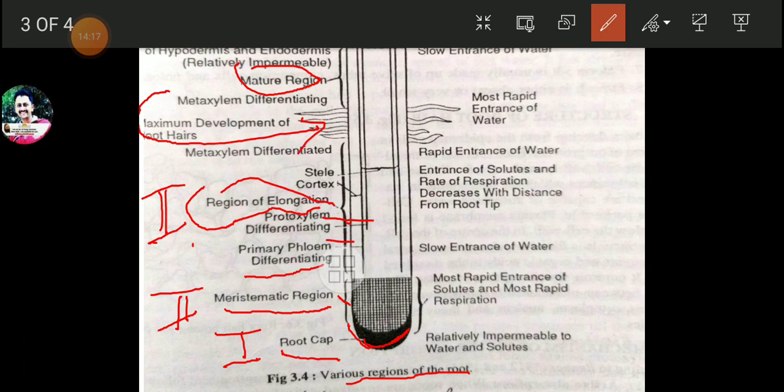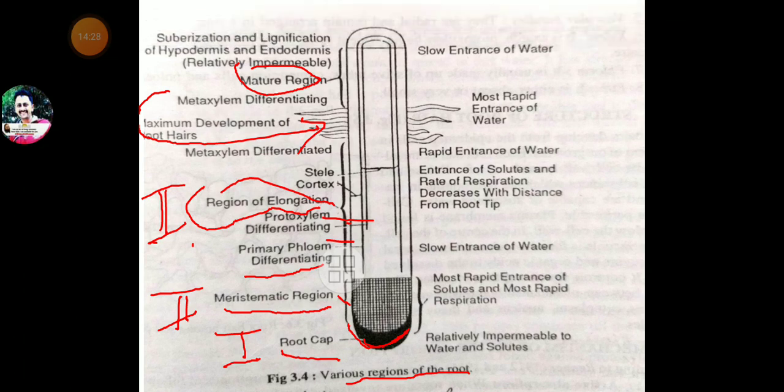So one most important part is the mature region. Why do we say this region is mature? Because suberization and lignification of the hypodermis and endodermis take place, isn't it?